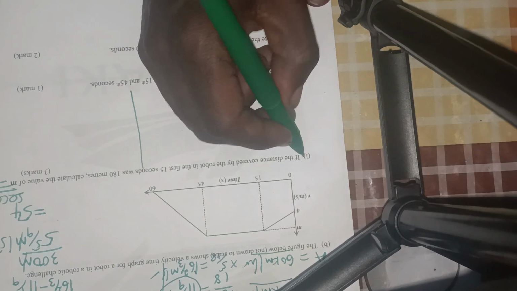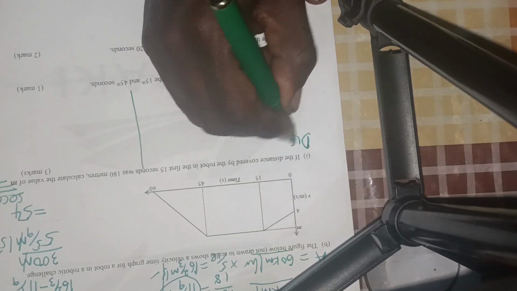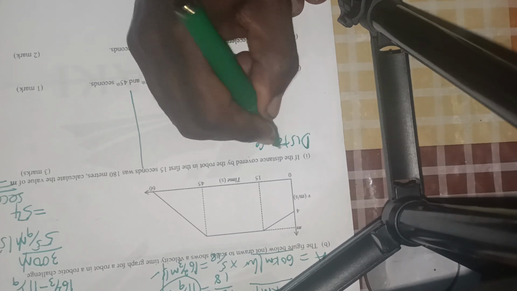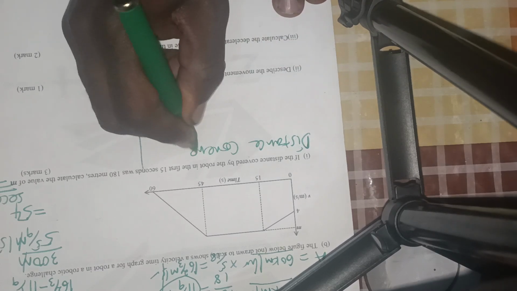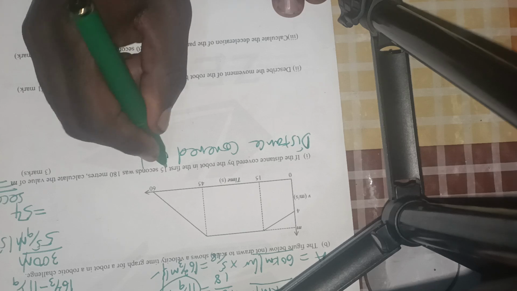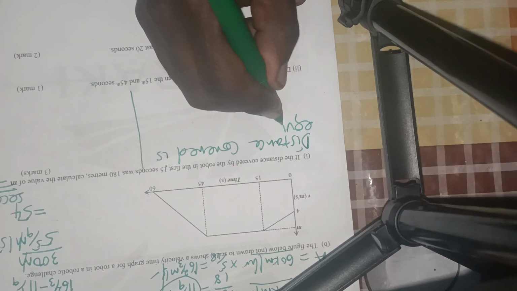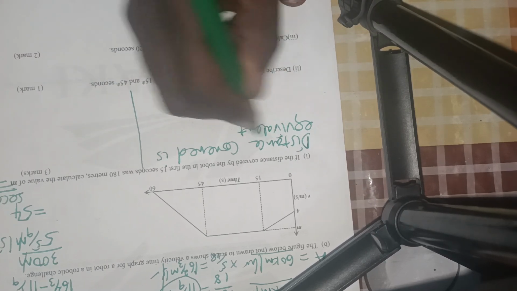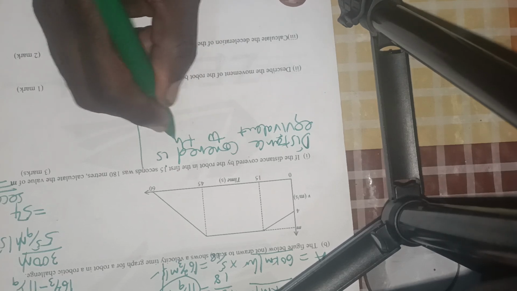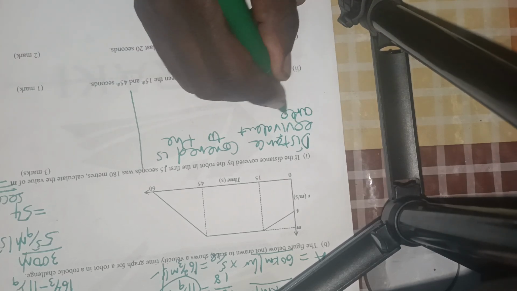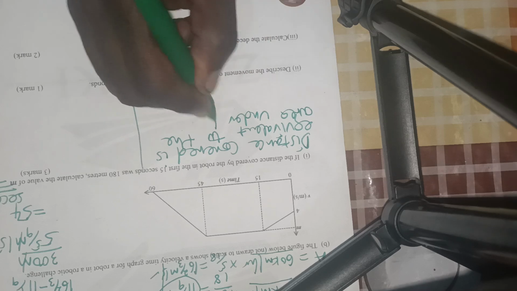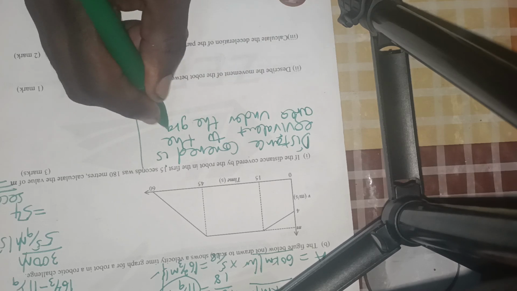So, distance covered is equivalent to the area under the graph.